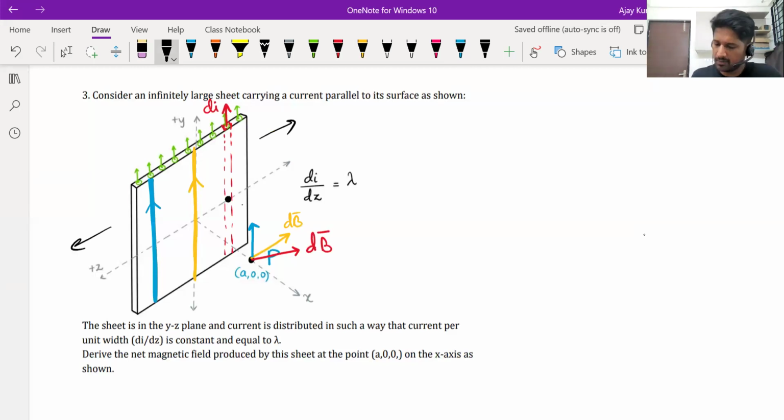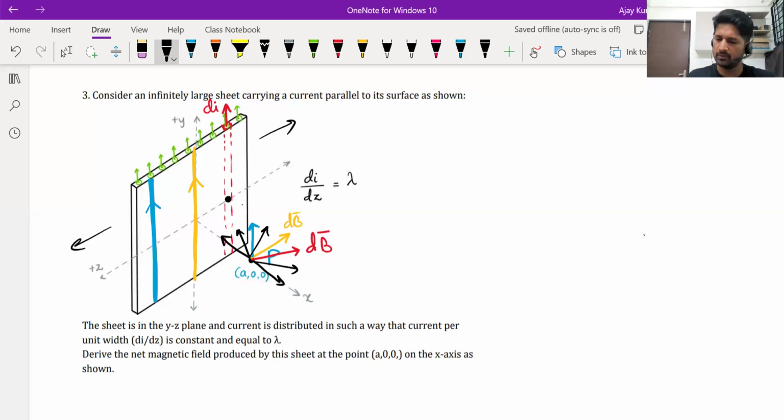So you'll get a bunch of magnetic field vectors in many different directions. What is the resultant direction of all these magnetic fields? The yellow vector, sir. The yellow vector, negative z direction.